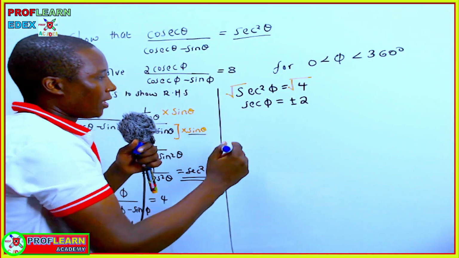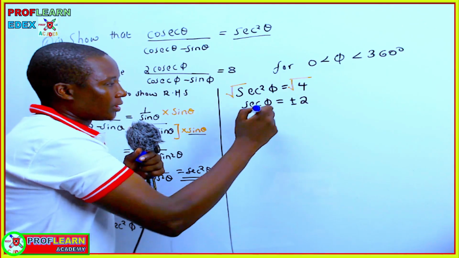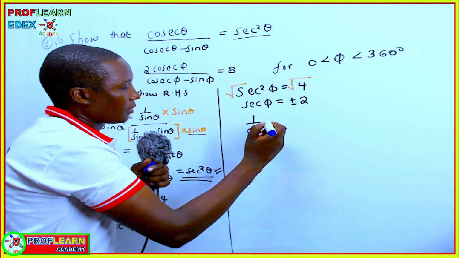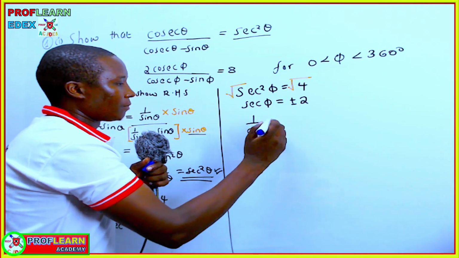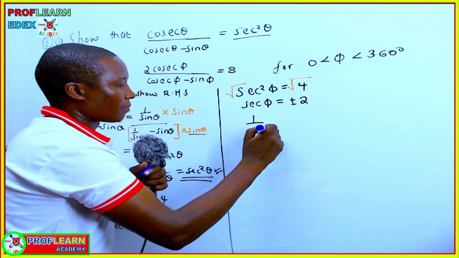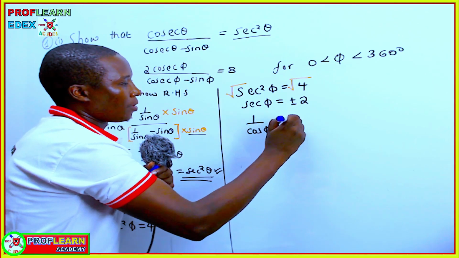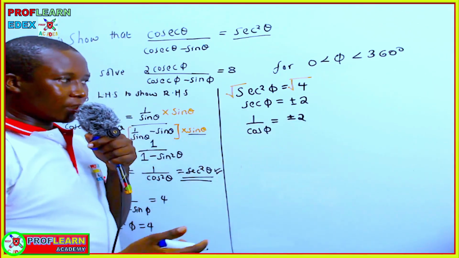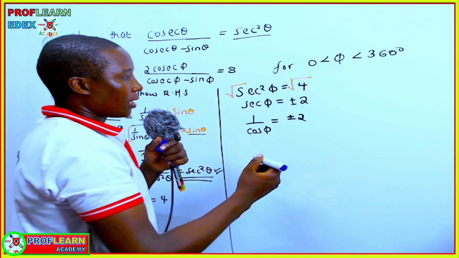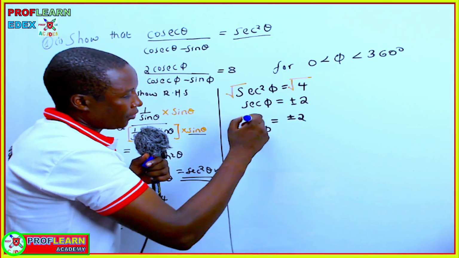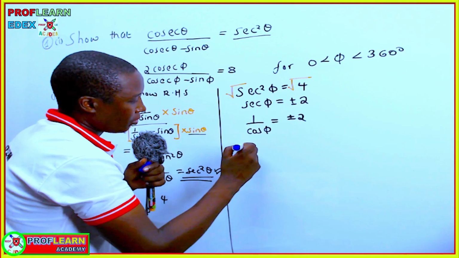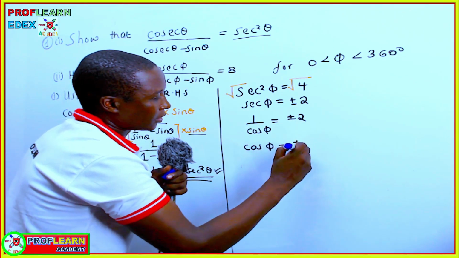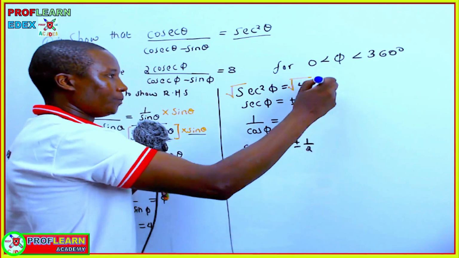And whenever you have this, sec phi is equivalent to 1 over cos phi equals plus or minus 2, which means if we find the reciprocal on both sides, we have cos phi equals plus or minus 1 over 2.